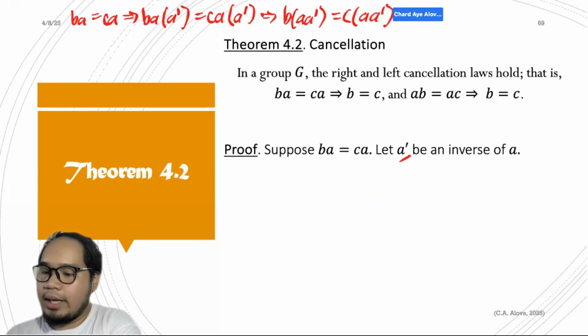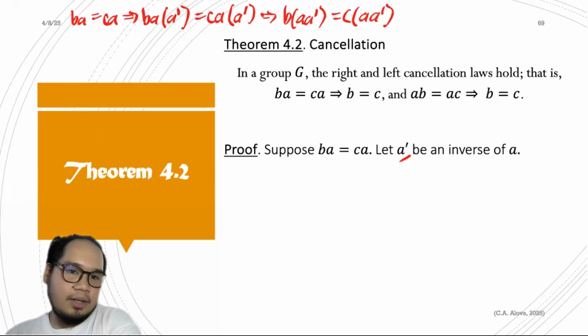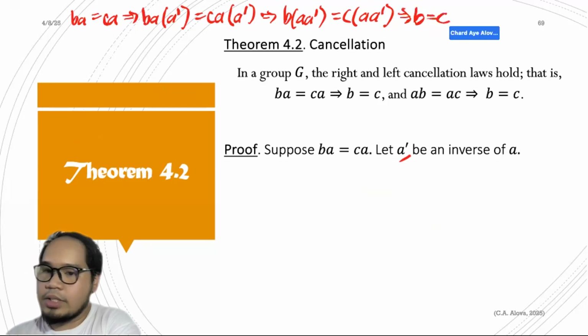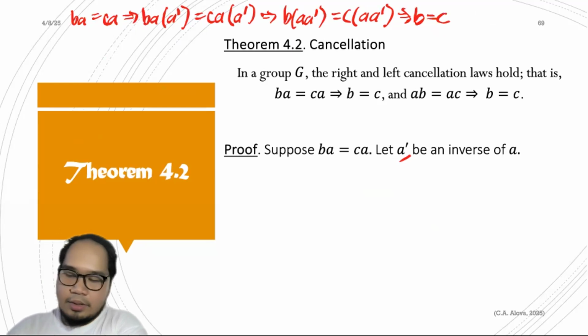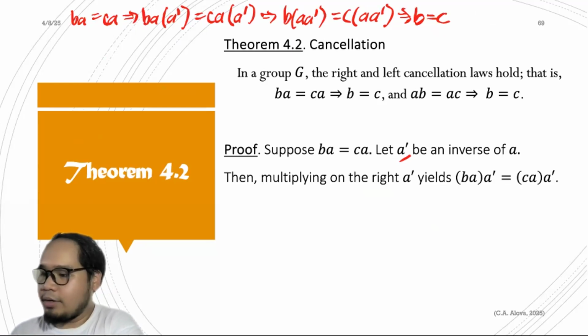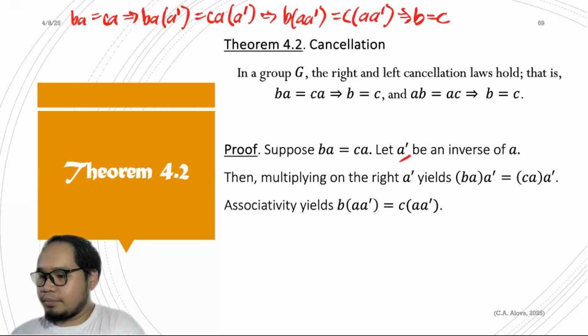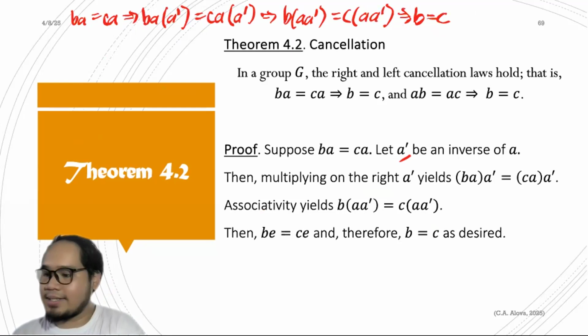And since A times its inverse is the identity, we will have B equals C. So we have skipped a bit of things here, but this yields B equals C as desired.